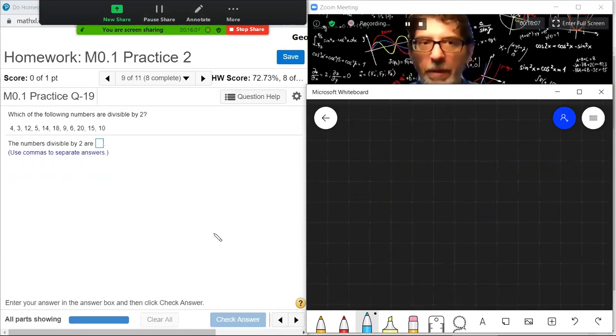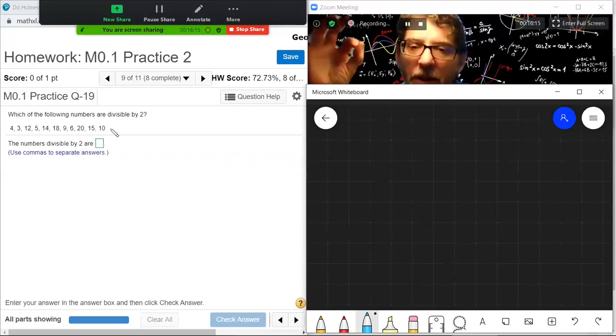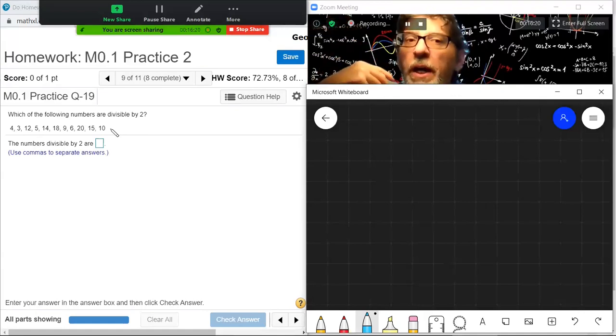So if we divided 2 into each of these numbers, the result that gives us a zero remainder means that it's divisible by 2. If we get a remainder when we divide 2 into them, that means it is not divisible by 2, because we have a remainder other than 0.